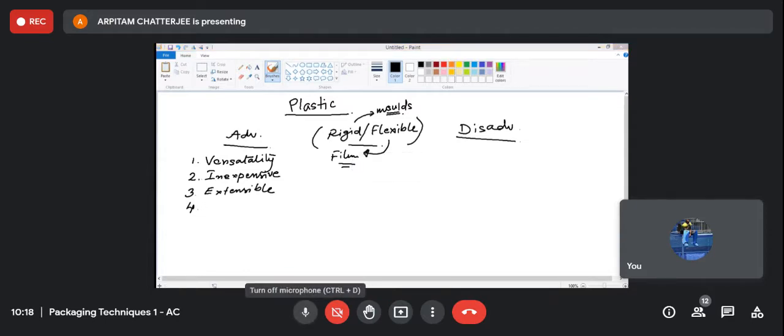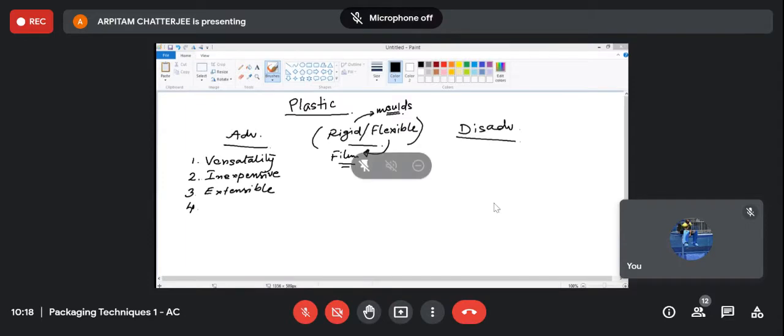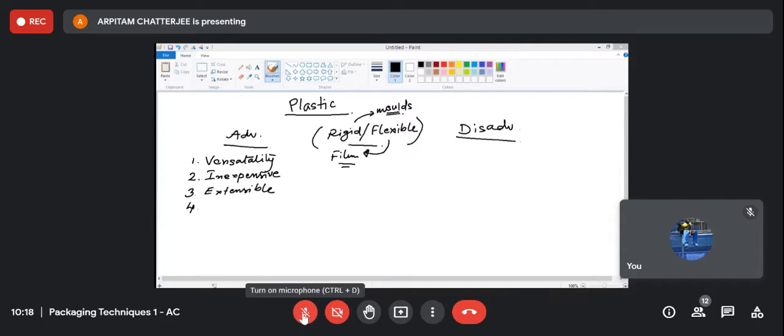No, this point I have a reservation. I'm not very much agreed with you. No, plastic has another problem. You can say it is secure, but plastic is generally a very sensitive material. It can react with the product inside, which paper may not.